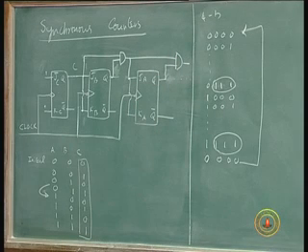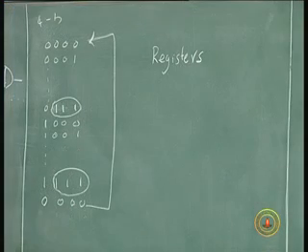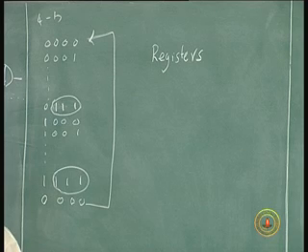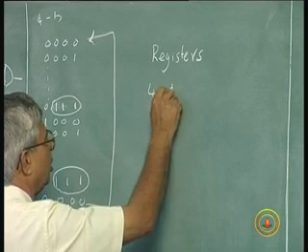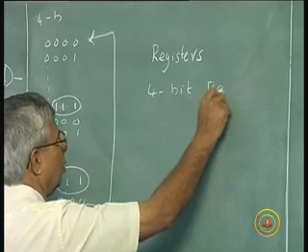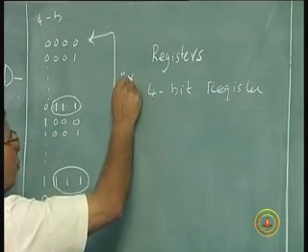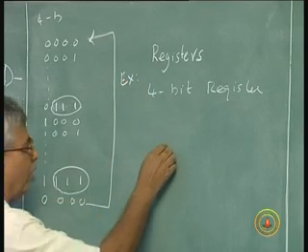You must have seen this word very frequently used in digital books. A register is nothing but a bunch of flip flops, a group of flip flops. A 4 bit register, for example, will have 4 flip flops.